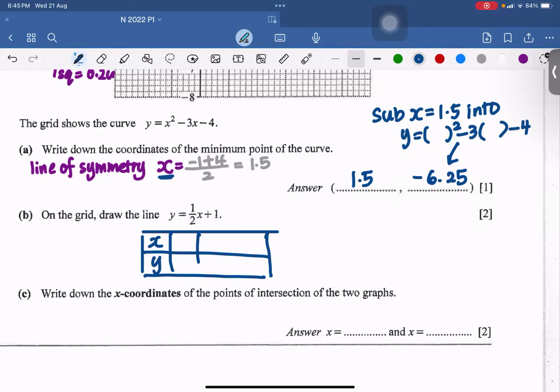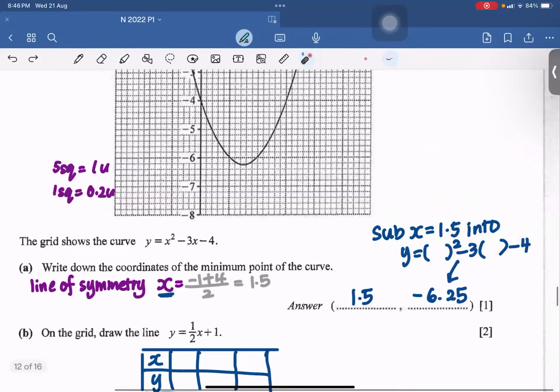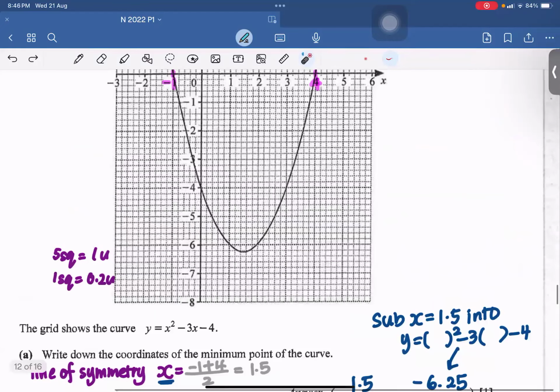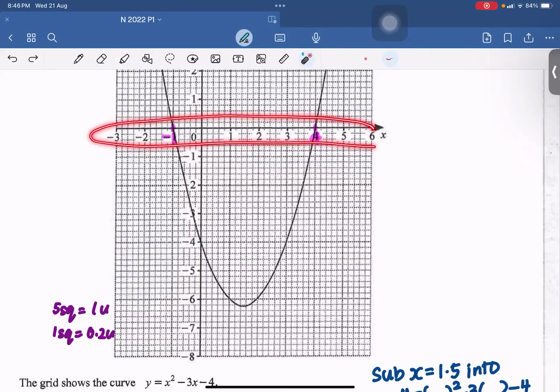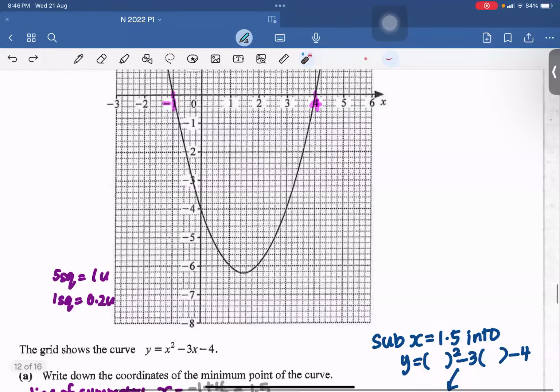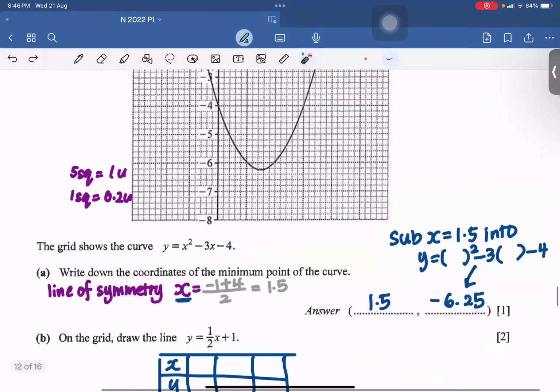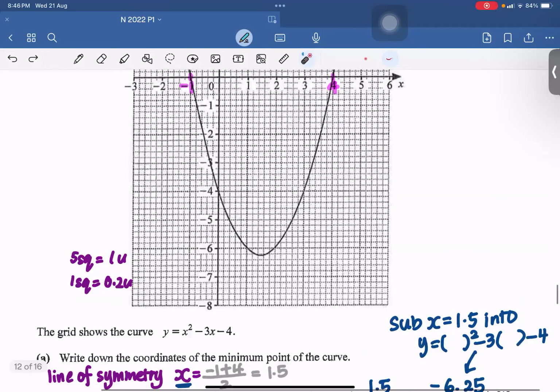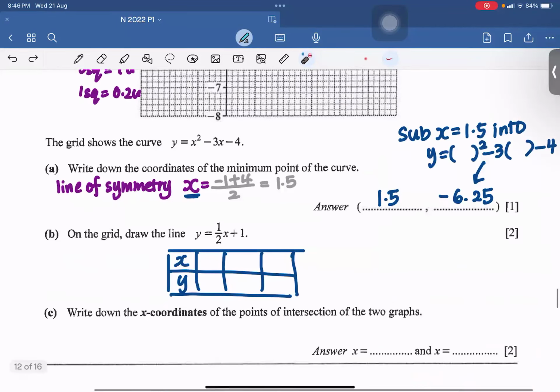The question you always ask me: what numbers to put down here? I can choose. The numbers are here. Choose any 3 numbers. What do you want the x to be?